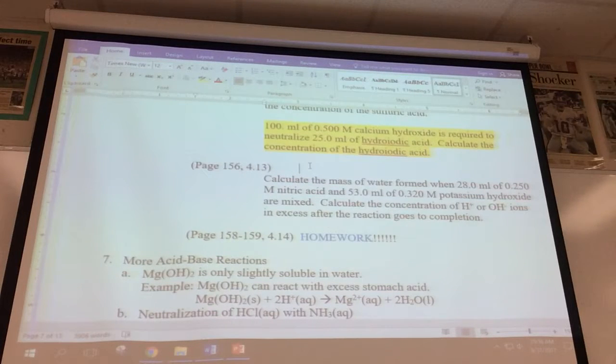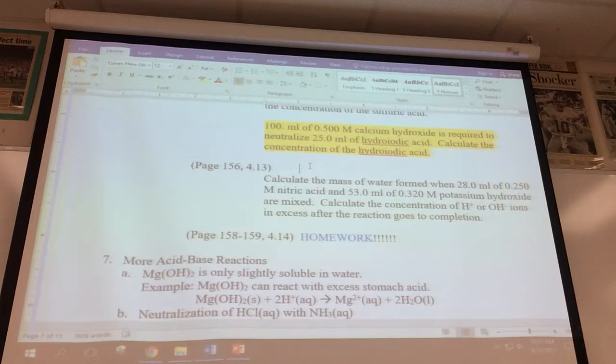Is it H2I? So you use this OH to make the water, right? So then you have the calcium. What's hydrochloric acid? This side.